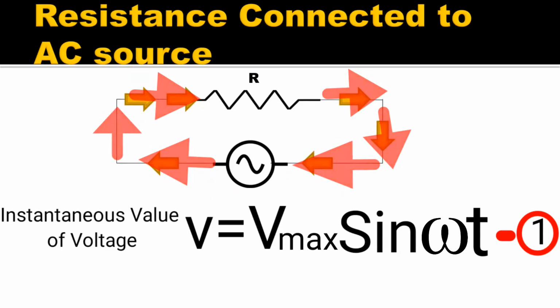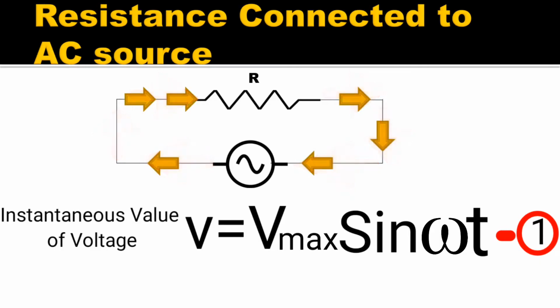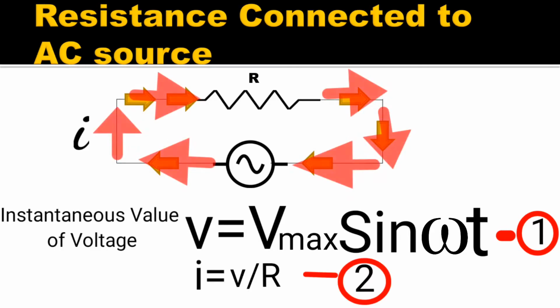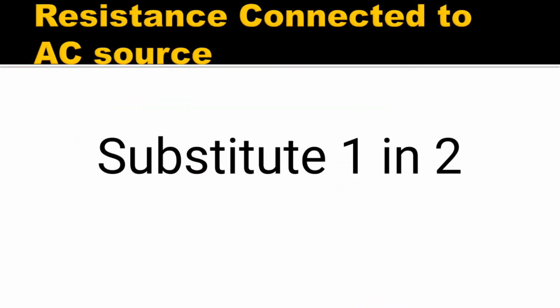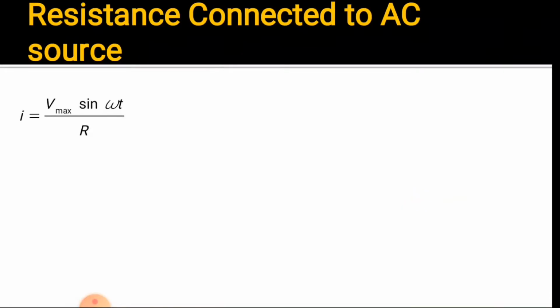The current flowing in the circuit is i = v/R. Let it be equation number 2. Substitute 1 into 2: i = Vmax sin ωt / R. Consider this as equation number 3.